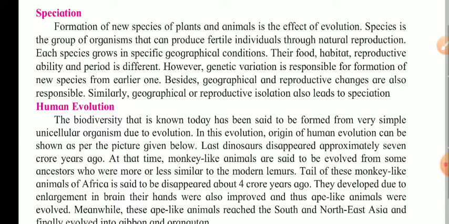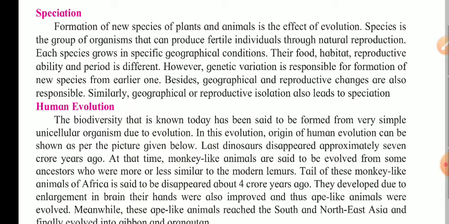Their food, habitat, reproductive ability and period are different. However, genetic variation is responsible for the formation of new species from earlier ones. Besides, geographical and reproductive changes are also responsible. Similarly, geographical or reproductive isolation also leads to speciation.